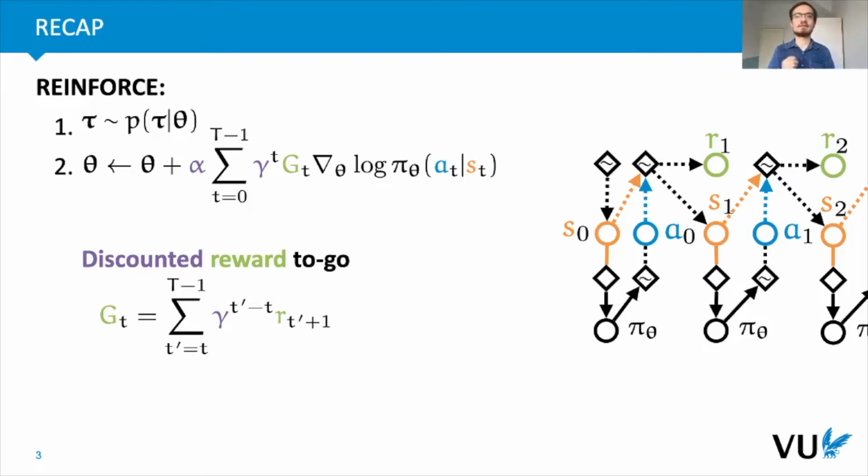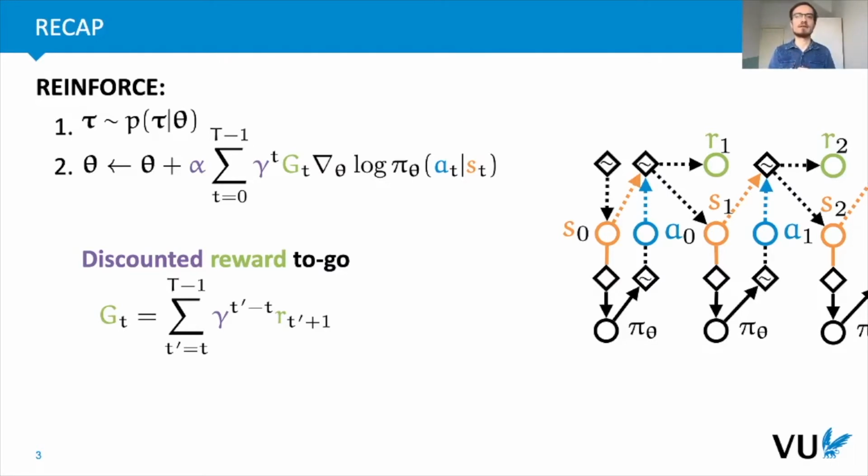In the last lecture, we introduced REINFORCE, the most basic method for deep reinforcement learning. In REINFORCE, we first sample a trajectory, which is a sequence of state, action, reward, state, action, reward, like a rollout of your game. Using this trajectory, we update the parameters of our policy network.